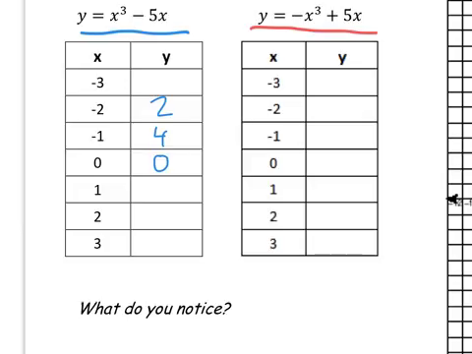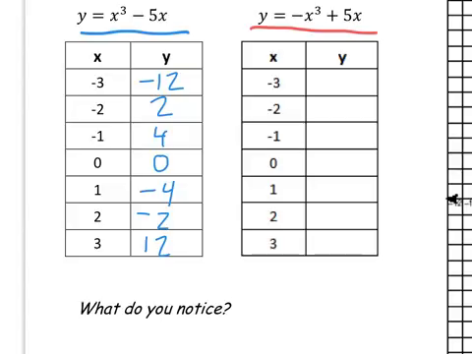And if we plug negative 3 in, we get negative 12. Now going the other way, plugging 1 in, we get negative 4. Plugging 2 in, we get negative 2. And plugging 3 in, we get positive 12.